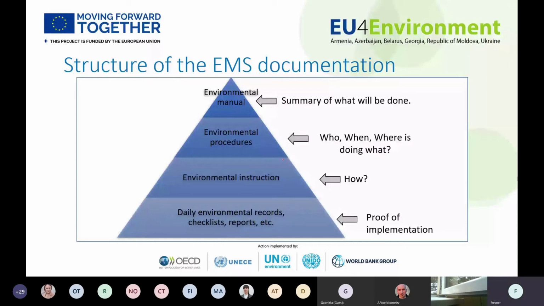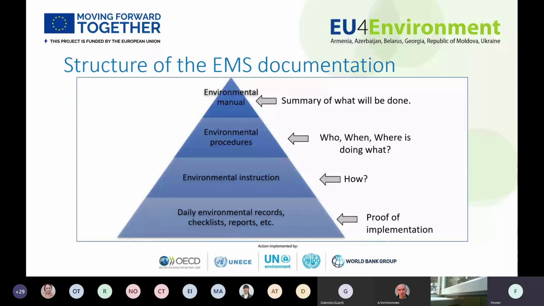It's a reference document for everybody getting used to the system. We try to keep it at 20, 25 pages. I mean, of course, depends on the size and the nature of the organization. The table of contents I will show you in a minute in one of the next slides.